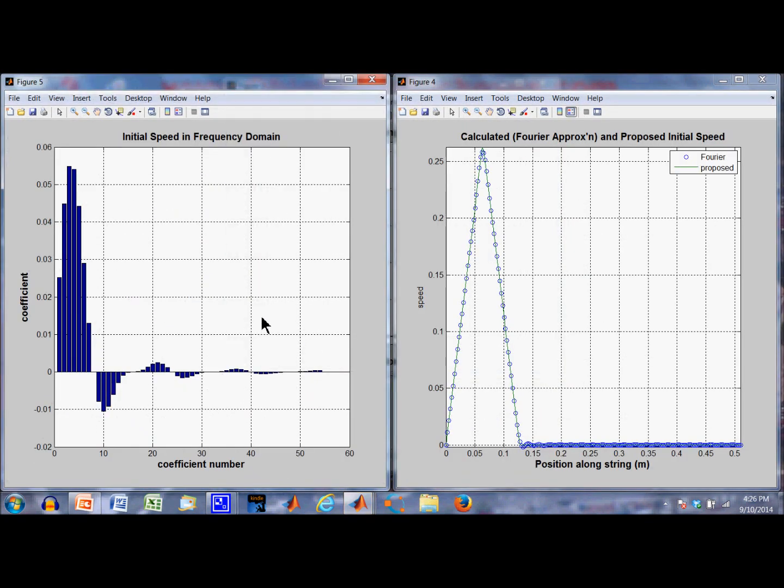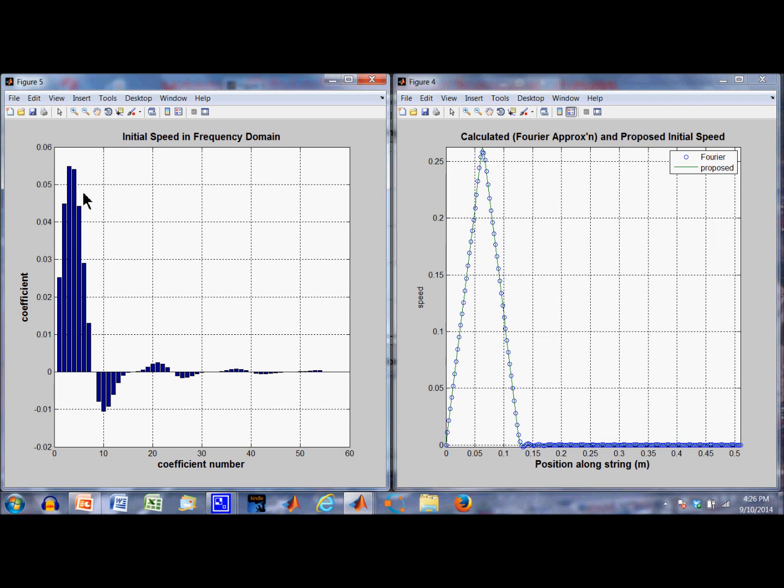Now, to solve this problem, you have to make a Fourier approximation to the initial string speed, which is over here. And here are the coefficients in that approximation. So you could say this is the representation of the initial speed in the frequency domain, and this is the representation of it in the spatial domain.